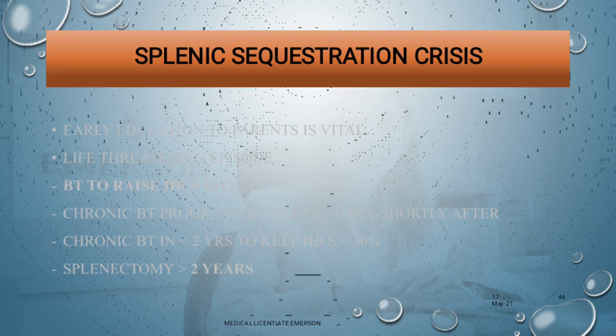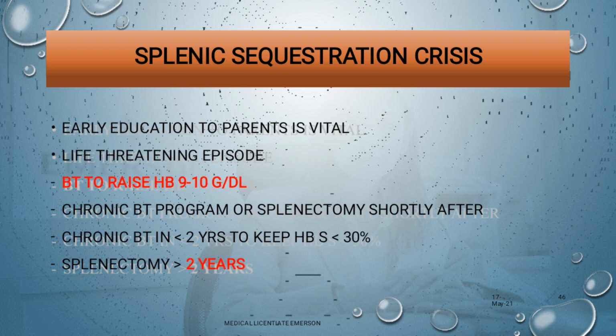Then in terms of splenic sequestration crisis, early education of parents is vital, and if it is a life-threatening episode, we have to use blood transfusion to raise the Hb to at least 9 to 10 gram per deciliter, and also a chronic transfusion program or splenectomy shortly after.